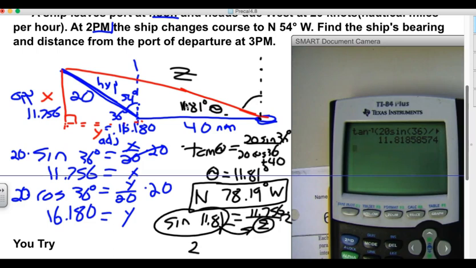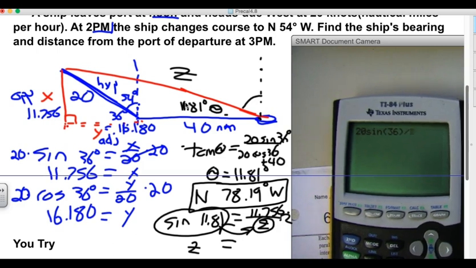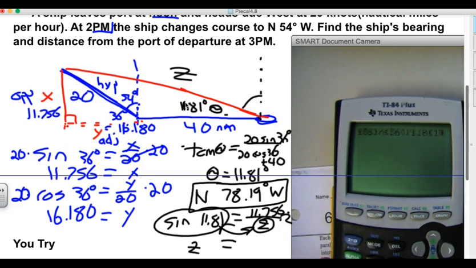So we're going to swap those, and we type in 20 sine of 36 divided by the sine of 11.81, if we round it off. So 57.43, and that's, of course, nautical miles. So that's the distance that we traveled from where we started. That's how far we are from where we started.